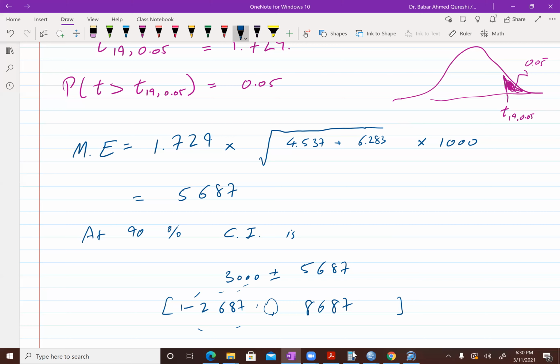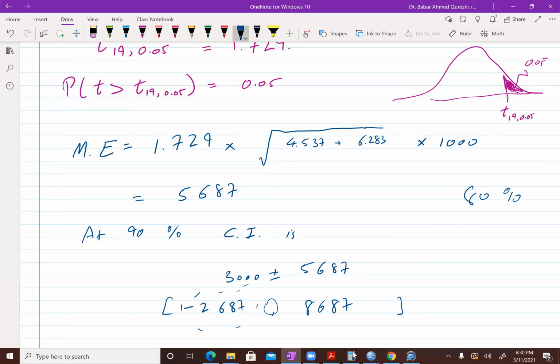You can try to lower your confidence level. You can say, okay, what if I make a statement with only 80% confidence? 90% surety may be too much surety. I just want to make a statement which has an 80% chance of being true.